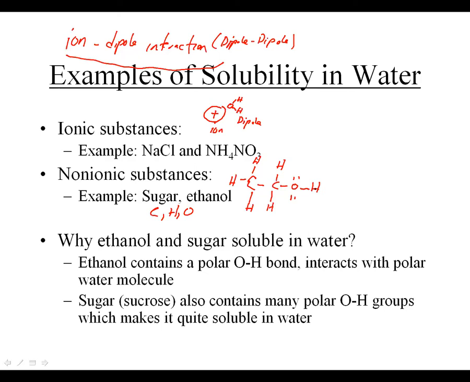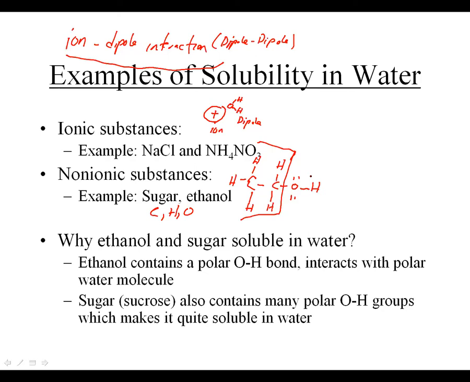What each of these things has in common that allows them to interact really well with water is that they contain a bond that looks very much like what you see in water. It's this OH bond here. Although this entire side of the molecule is pretty much nonpolar, this bond between the oxygen and the hydrogen is a polar bond.